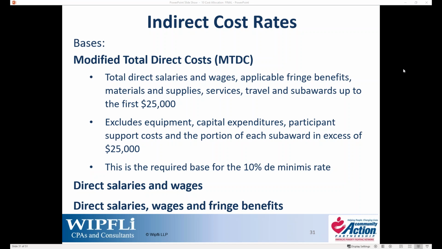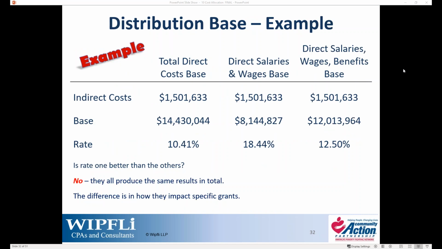And this modified total direct base is the base that is used for the 10% de minimis rate. So you might opt to use direct salaries and wages, or you might opt to use salaries, wages, and fringe. So let's look at an example of these different bases. In this example, my indirect costs pool is $1,501,633.